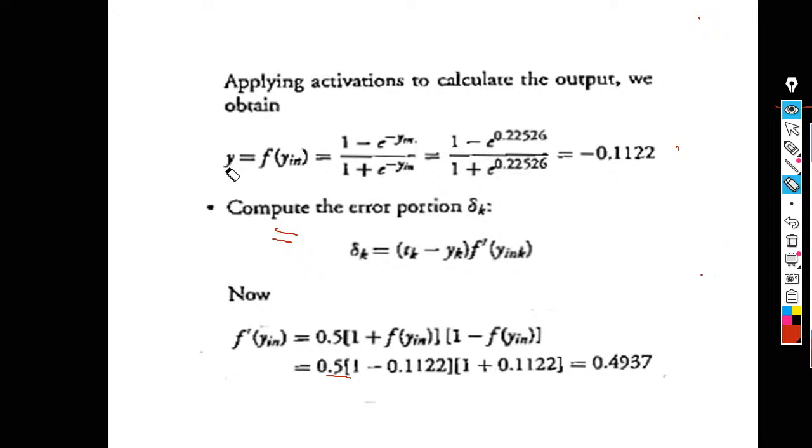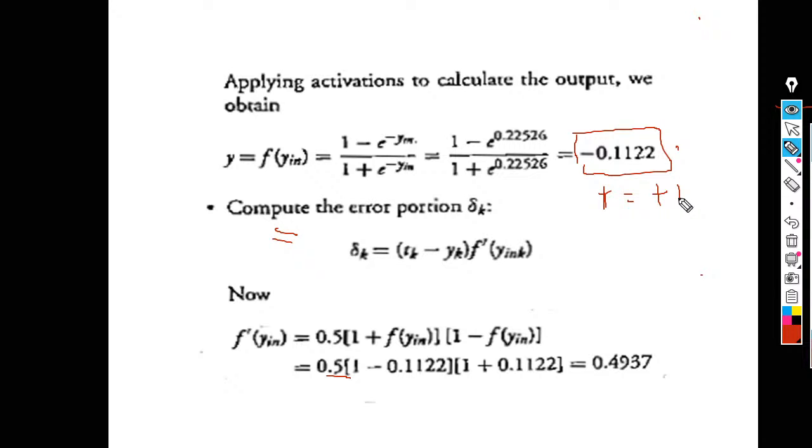Okay, so to calculate y, we substitute yin in the function, and if we substitute those values, you will get minus 0.112. This is the output of y, and we know the target is +1.